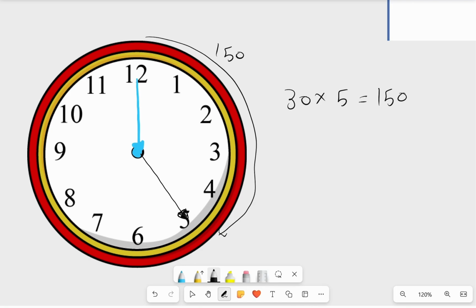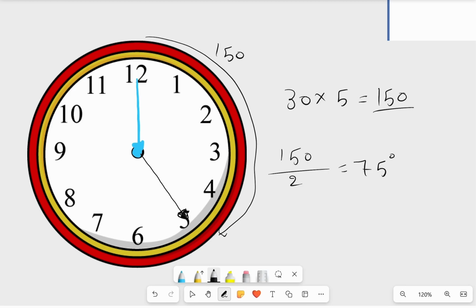But I need the angle of incidence and angle of reflection. So we're going to just divide this by 2. So 150 divided by 2 is going to be equal to 75. Why did I divide this by 2? Because remember that the angle of incidence and angle of reflection are the same.